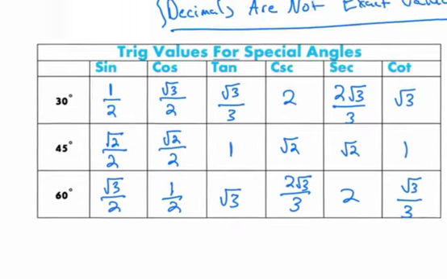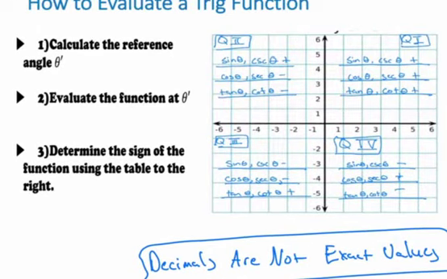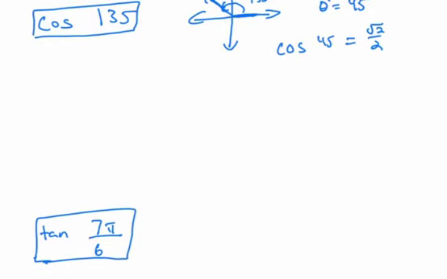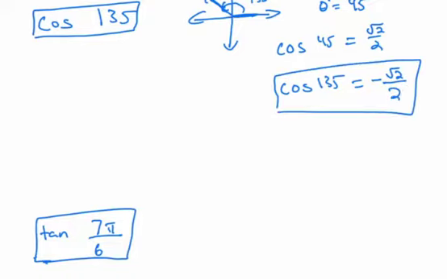Let's go back and check with this table here. Cosine in quadrant 2 is supposed to be negative. Because this is supposed to be negative, what I need to do is just change my sign. So the cosine of 135 is negative square root of 2 over 2, and we now have an exact value for this.